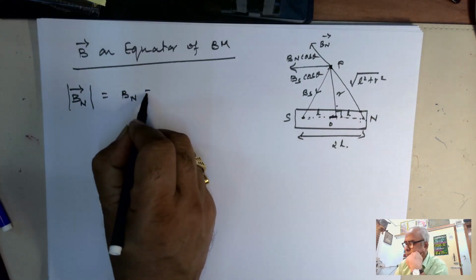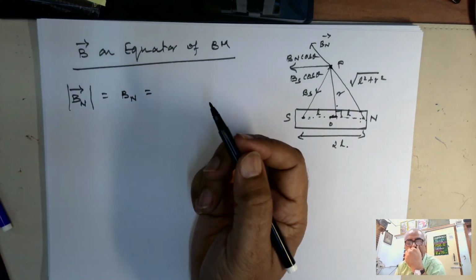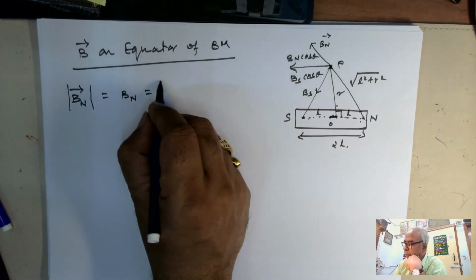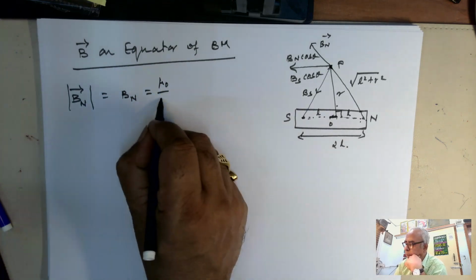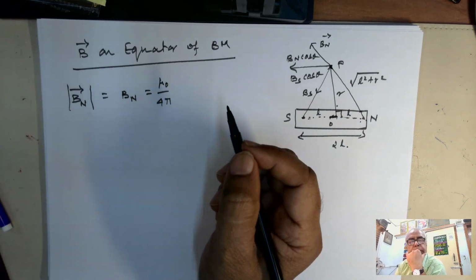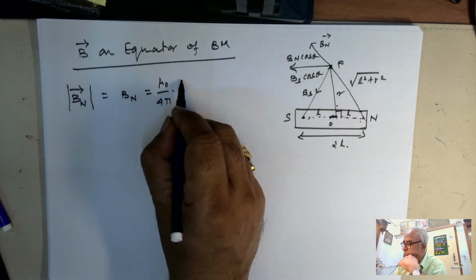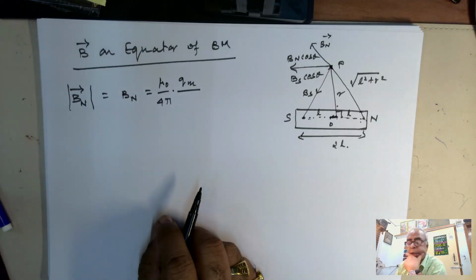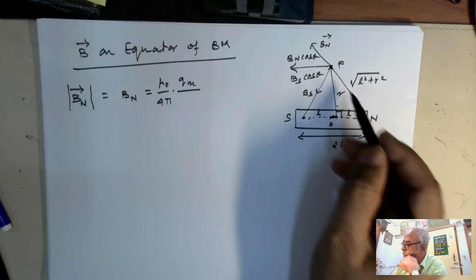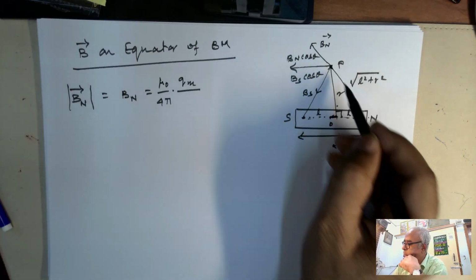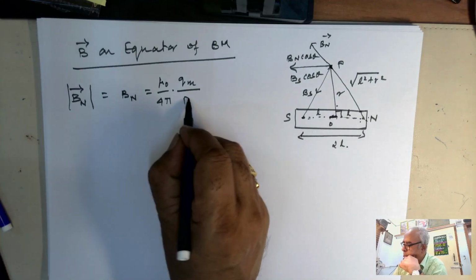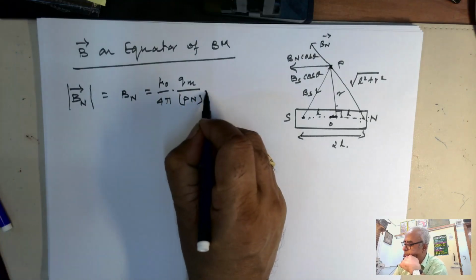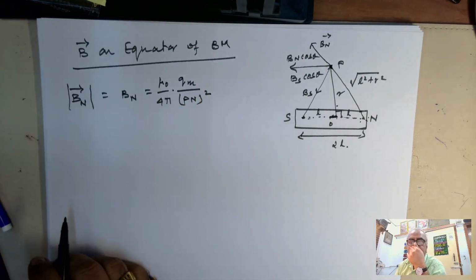So Bm is equal to mu naught divided by 4 pi into Qm divided by, and what about this one? This is P, this is N. So the distance is Pn, so Pn squared, right? Okay, so this is along Np or Pn.